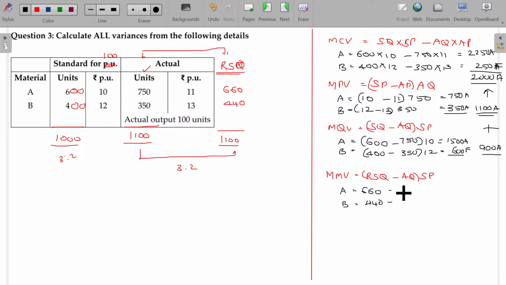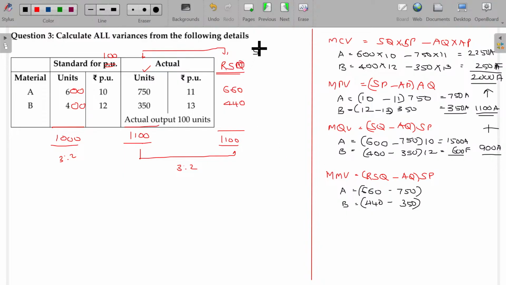AQ in this case being 750 and 350. So this formula is not a complicated one, just similar to the quantity variance, but there we have taken SQ, and here RSQ.